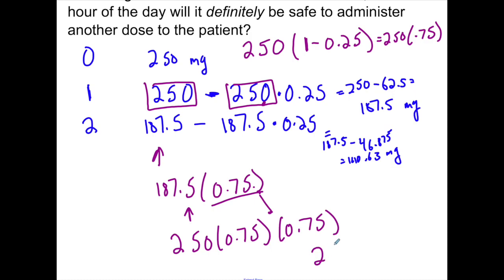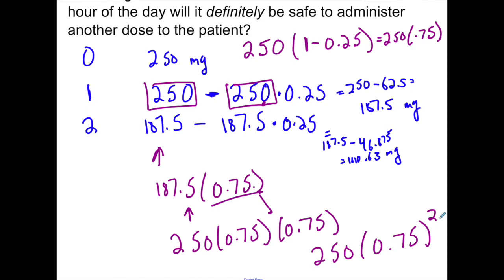So notice it's really 250 times 0.75 squared. And so just like exponential growth, with this exponential decay you also have this similar notion regarding your powers here.